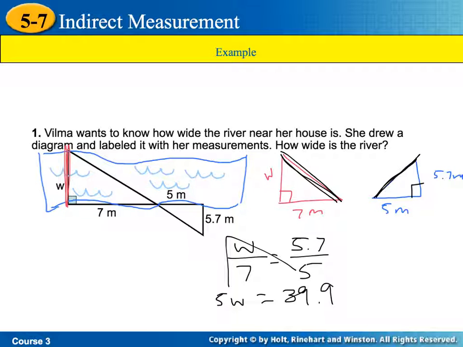How do you solve for W? Divide by 5. Your answer is going to be 7.98 meters. Biggest thing: set up a proportion with the information that you know, cross multiply, and solve. Just like the proportions we've been talking about before, just now we need to create our own proportions.